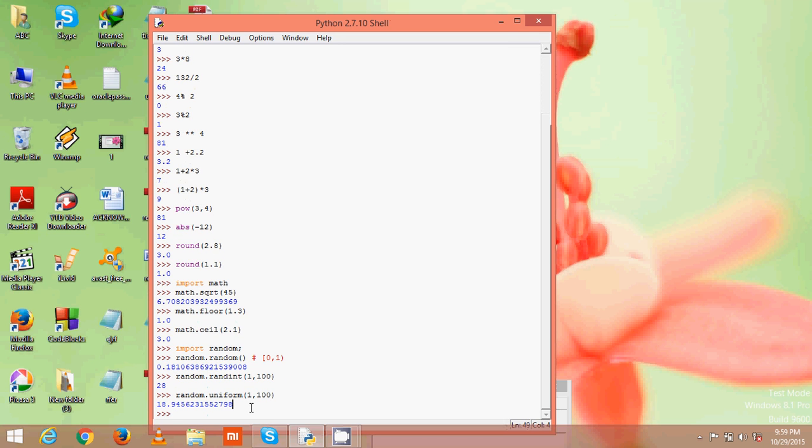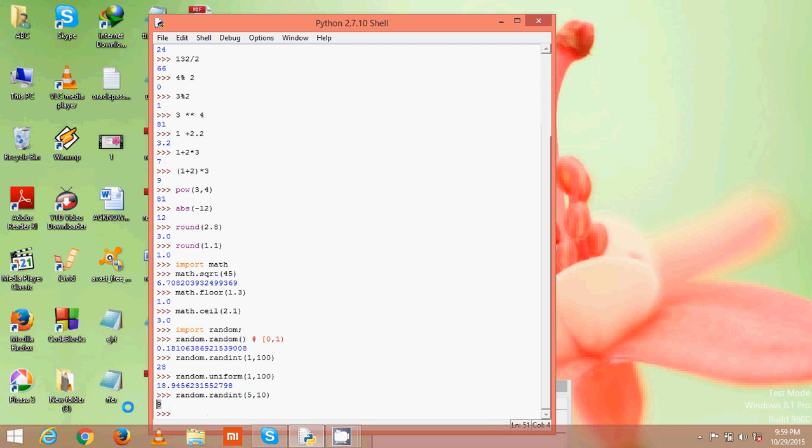You can see 18.94 is a floating data type which is in between this 1 and 100. You can change the range, it is flexible, like random dot randint 5 to 10, that is including 5 but excluding 10. So you can see 9.